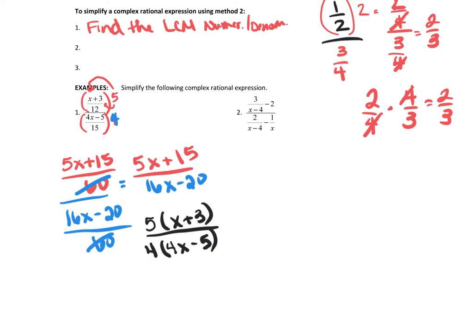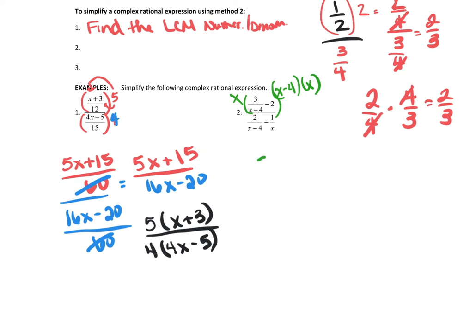Now, look at the next one. So the next one, now I need to get a common denominator. So the top, notice they both have an x minus 4, and this one has an x. So the first thing I need to do is find the LCM. So x minus 4 and x is going to have x minus 4 and x in both these terms. Notice that this term is missing the x. This term right here is missing the x minus 4 and the x. So we need to get that to both of those.